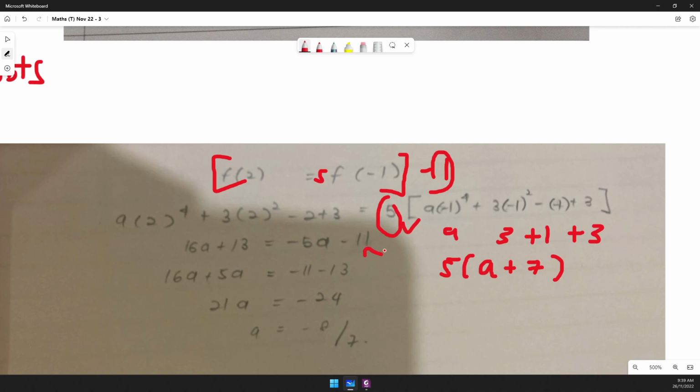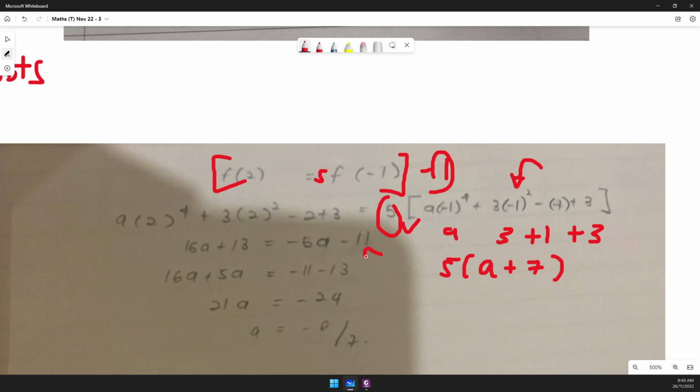You know where you did wrong. I think here or here you might have gotten negative 11. You made a mistake somewhere here. That's why you got 11. You should get positive 7 here.